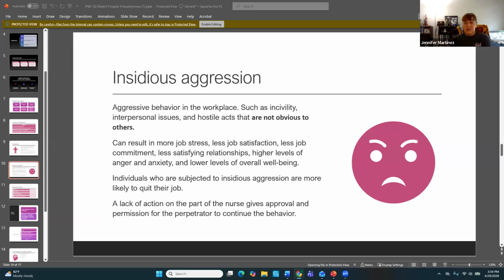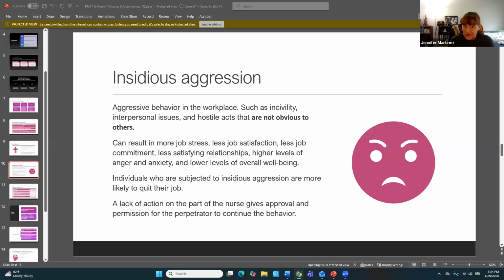So when we talk about incivility, this is like nurse to nurse bullying, or even other staff members. It could be supervisors, managers, or administrators. It results in job stress, less job satisfaction, less job commitment, less satisfying relationships, higher levels of anger and anxiety, and lower levels of overall well-being, right?